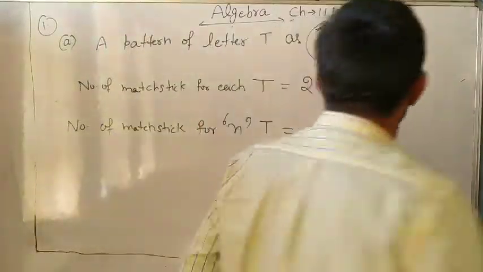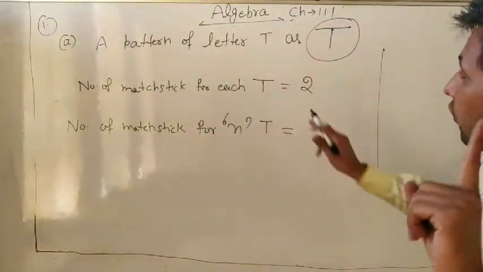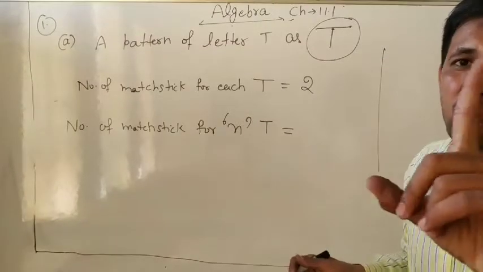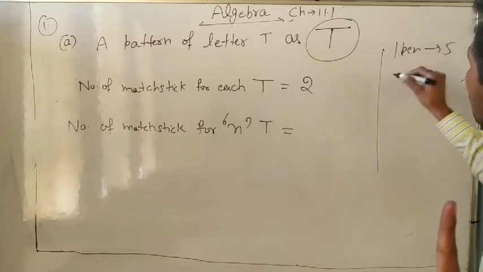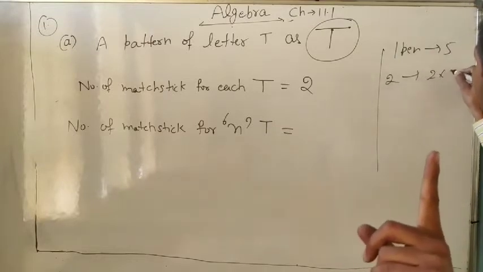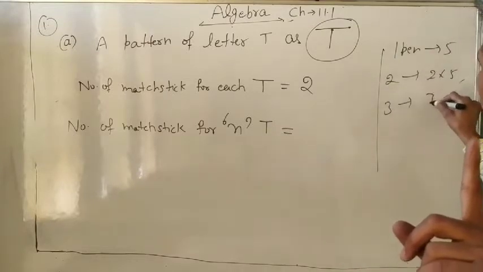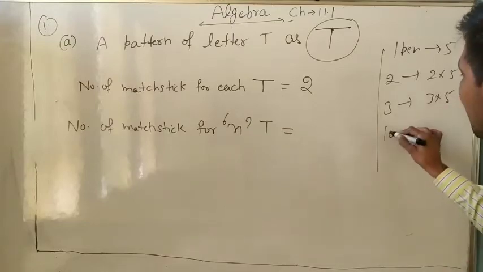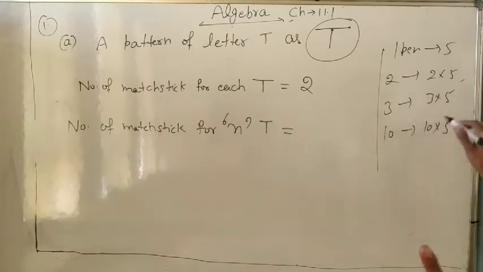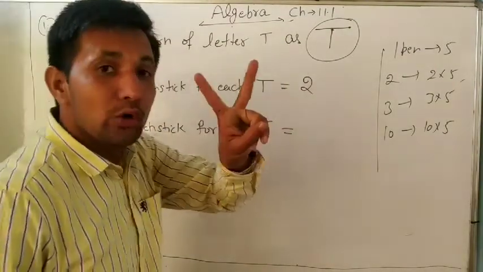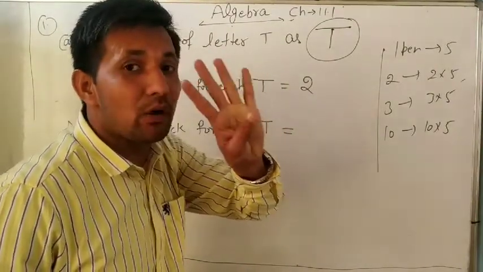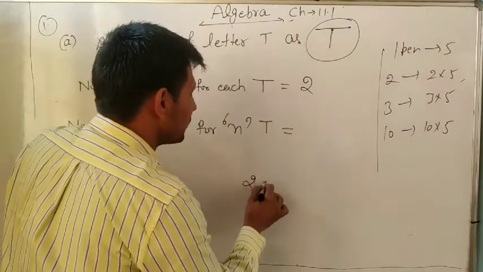So tell me, very simple, if the cost of one pen is 5 rupees, the cost of 2 pens is 2 into 5. Cost of 3 pens, 3 into 5. Cost of 10 pens, 10 into 5. Same as it is, dear. Number of matchsticks for 1 T, 2. For 2 T, 2 into 2.